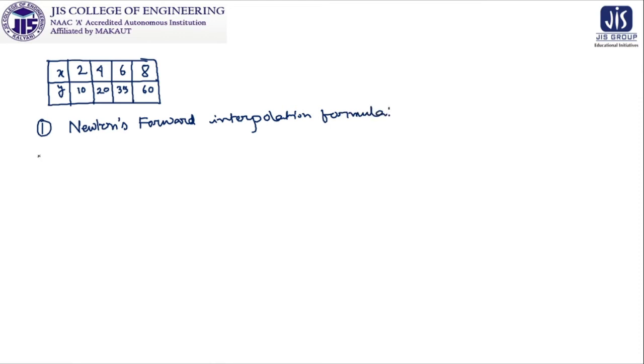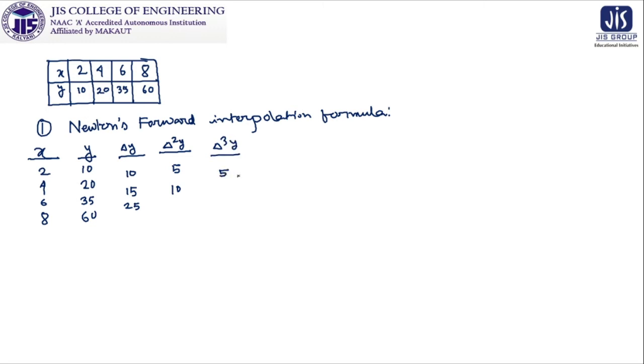For that, we all know that we need to construct the forward difference table. So it will be 2, 4, 6, 8, and 10, 20, 35 and 60. The first order forward difference will be 10, 15 and 25. The second order forward difference will be 5 and 10, and the third order forward difference will be only 5.